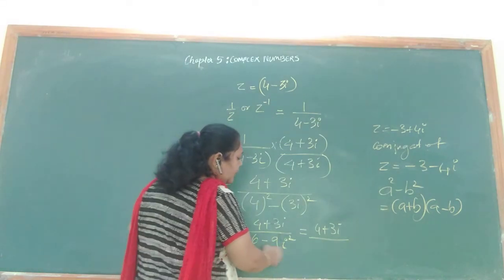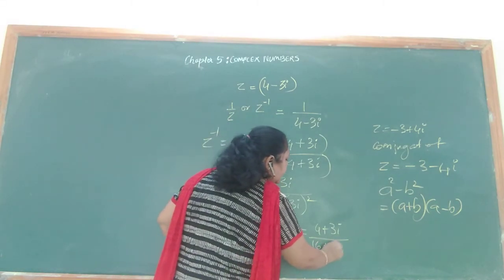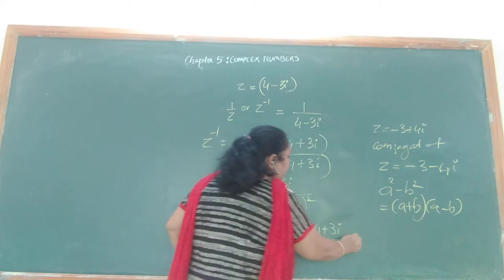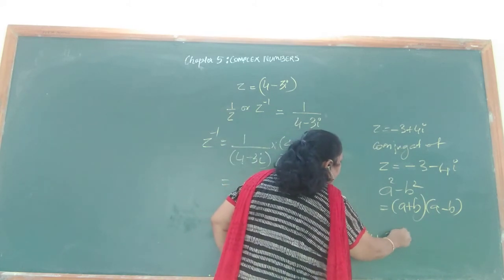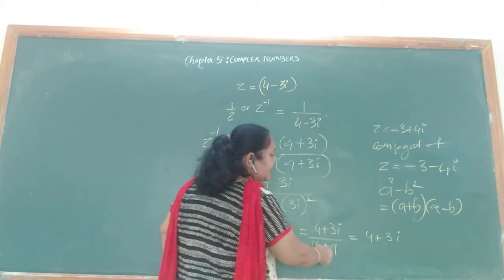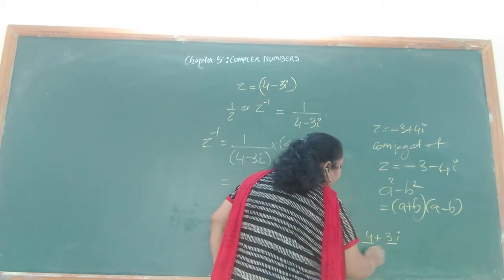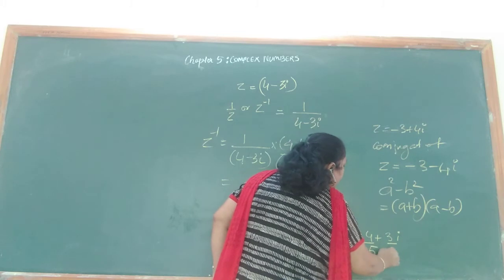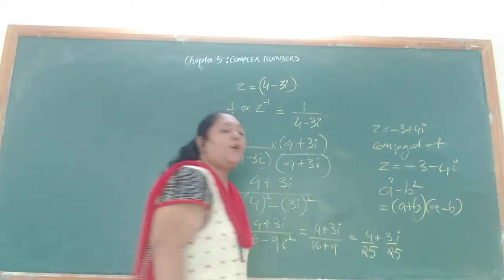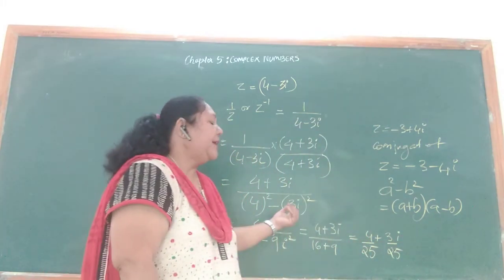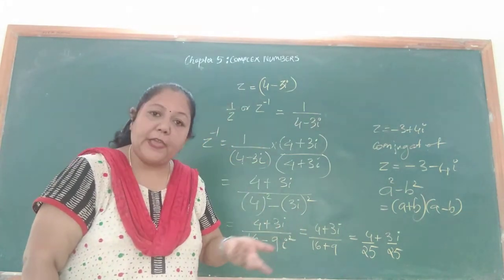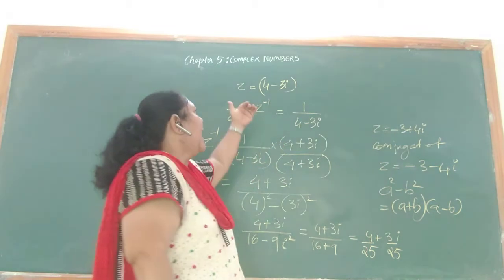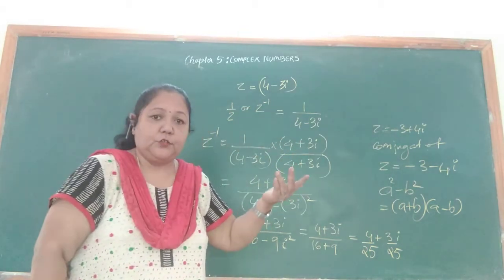So minus into minus, this will become 16 plus 9, and therefore your answer is 4 plus 3i upon 16 plus 9, which is 25. You write it separately for both, so therefore you get 4 upon 25 plus 3 upon 25i. So you converted it into a plus ib form also, and you got the inverse also.